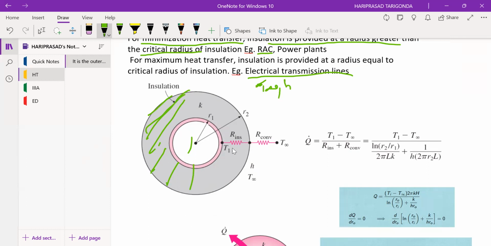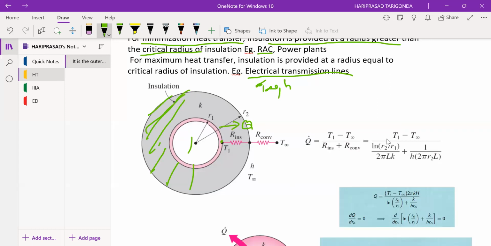The equivalent thermal circuit for these conditions has the resistance offered by the insulating layer, called R insulation, where Ti is the inside surface temperature. Since it is exposed to air or surroundings, T infinity and the convective heat transfer coefficient give a convective resistance. When heat is flowing, the heat loss formula will be Q equal to the temperature difference between the terminals divided by the resistance. Since the resistances are in series, we add them all.